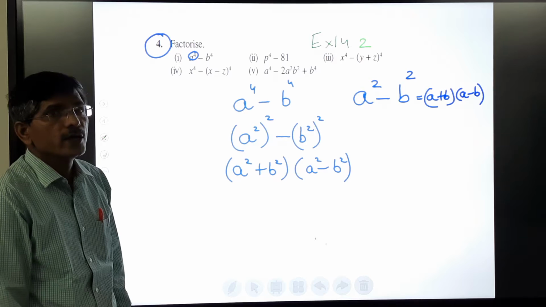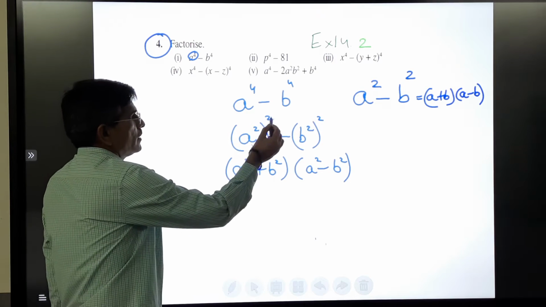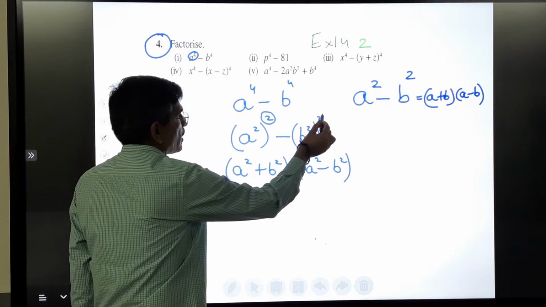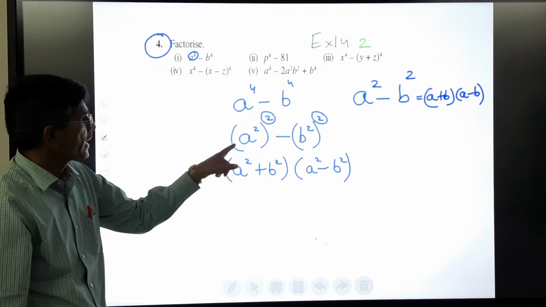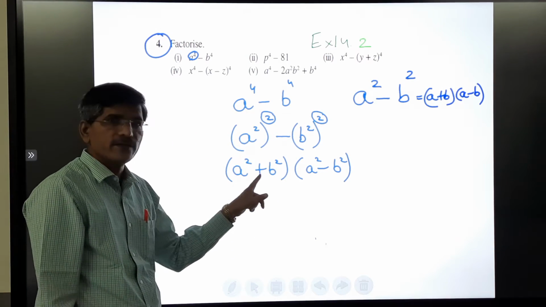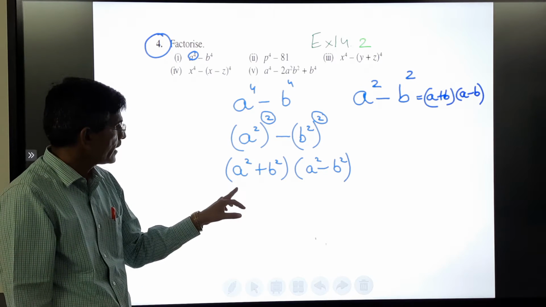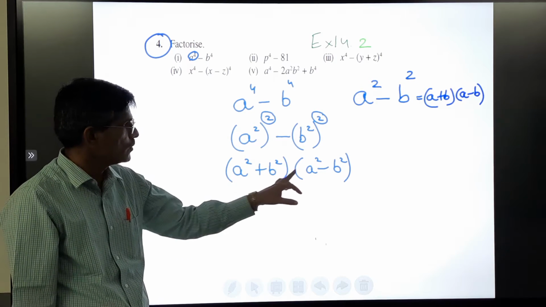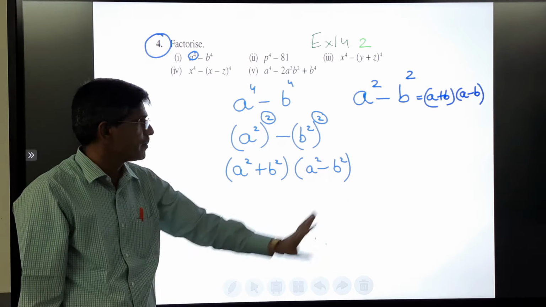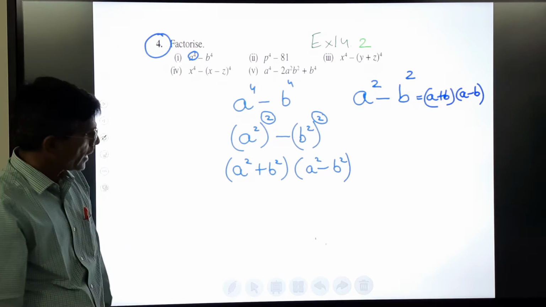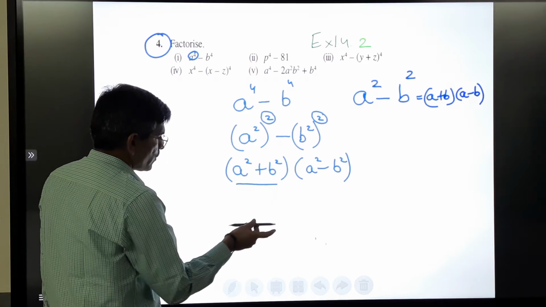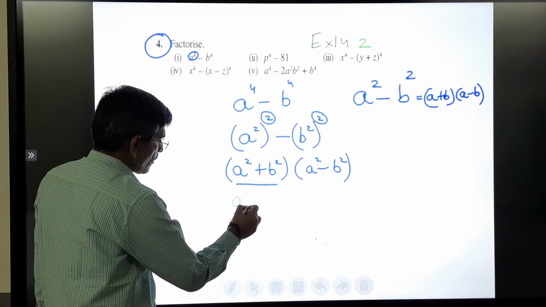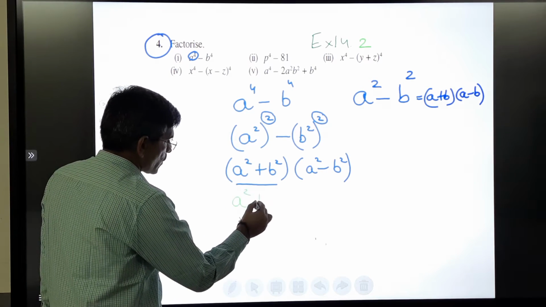But we have to use the identity for power 2, so we now remove this power and write inside the bracket a to the power 2 plus b to the power 2, a to the power 2 minus b to the power 2. In addition we cannot do anything, so we put a square plus b square as it is.